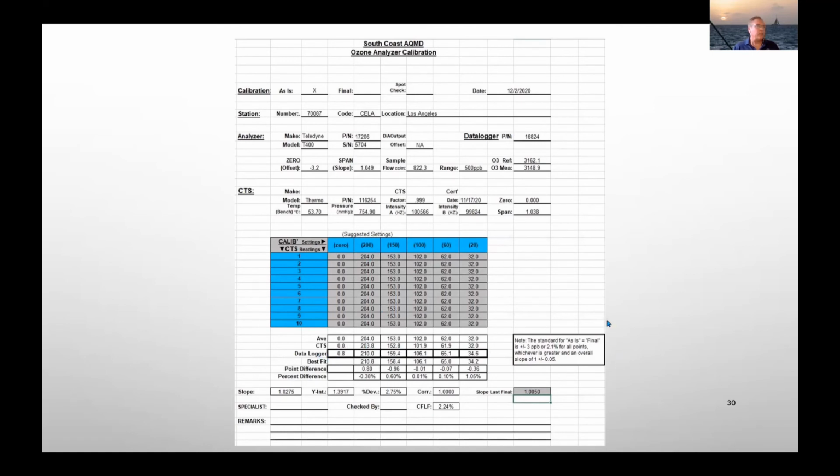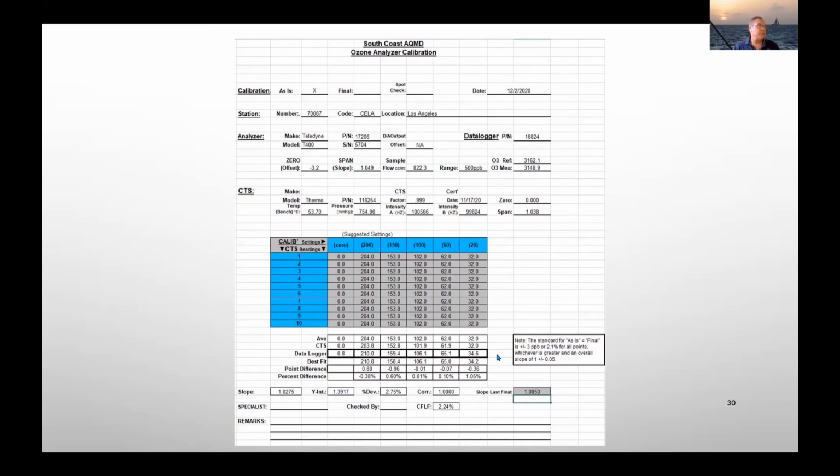So we're looking at a couple of things for our instrument to be a successful calibration. The standard as-is versus final needs to be plus or minus 3 ppb or 2.1% for all points.